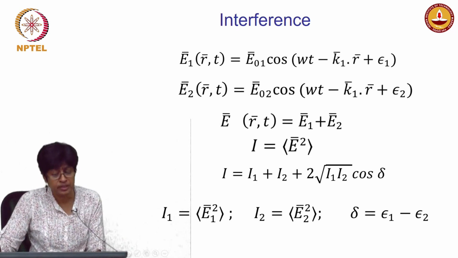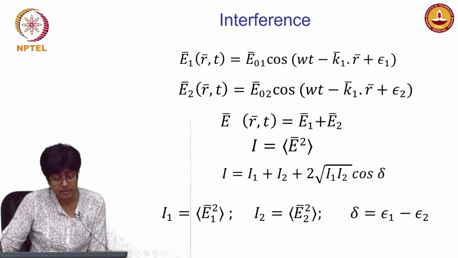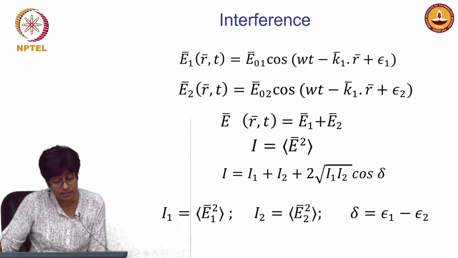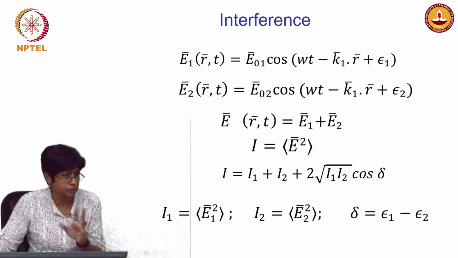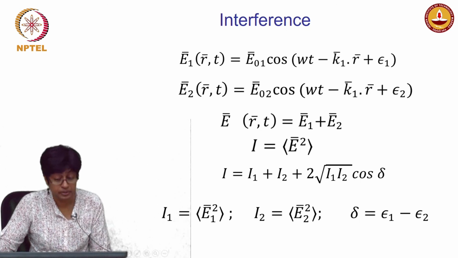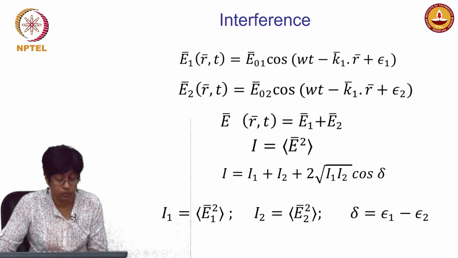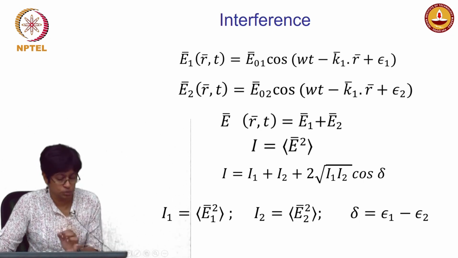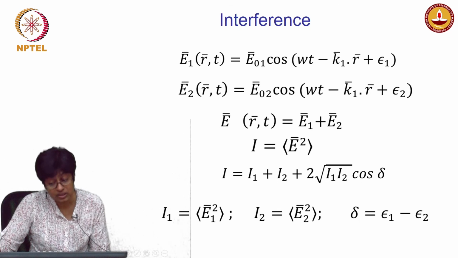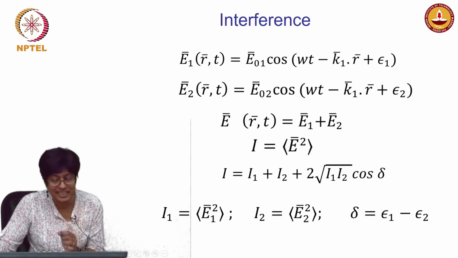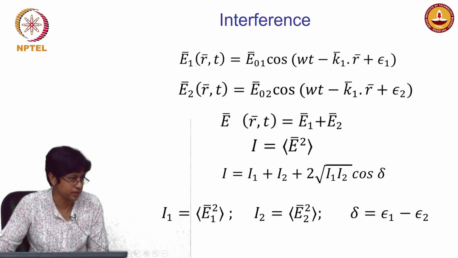If I do that, I am going to end up with this relationship where I1 is nothing but E1 squared, I2 is nothing but E2 squared, and this cos term is the E1 E2 dot product, because these are vector fields. The term of interest to me is this cosine term, because this delta is what contains the phase difference between these two waves, and that is how I am going to extract information.